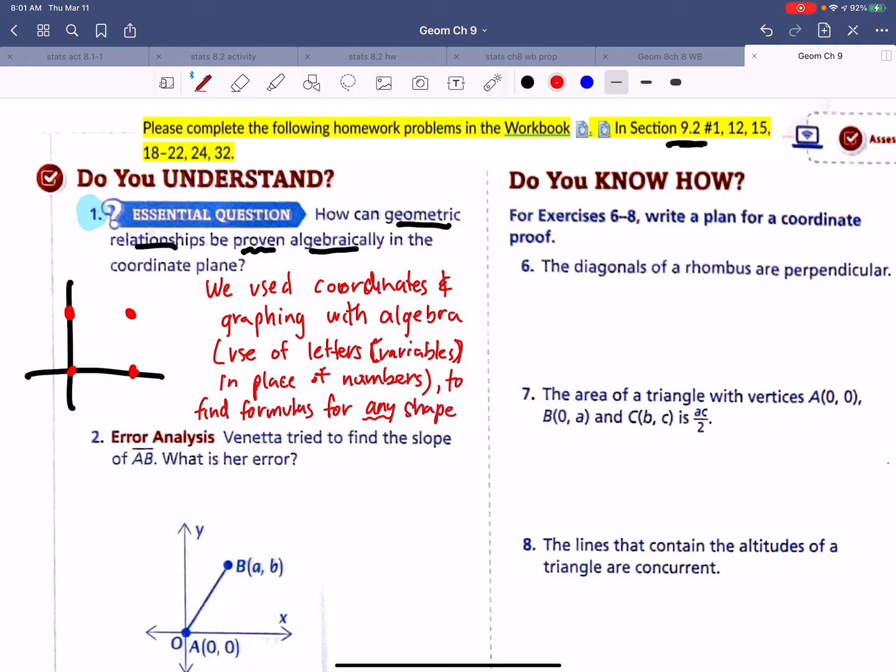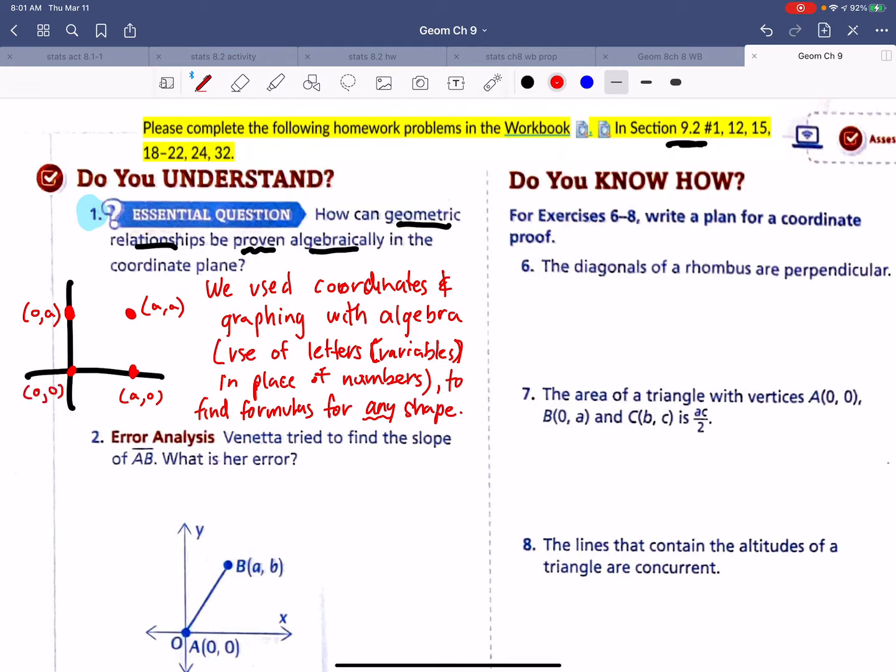And so that's how we actually proved that, not just for the square that we drew, but this would be the coordinate for any square that we could draw. And I can put any number I want in for A.